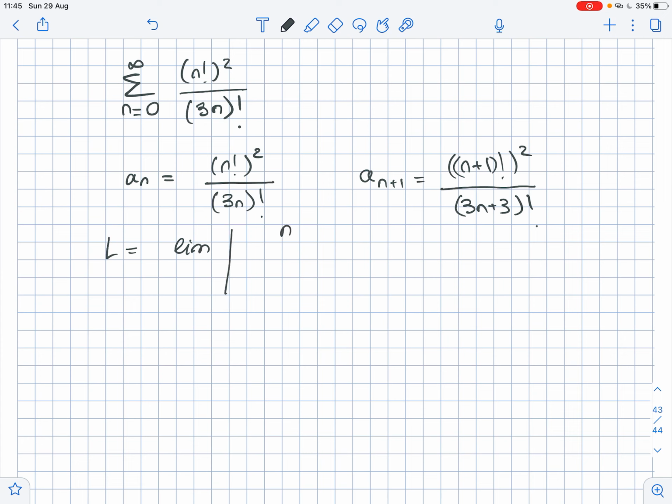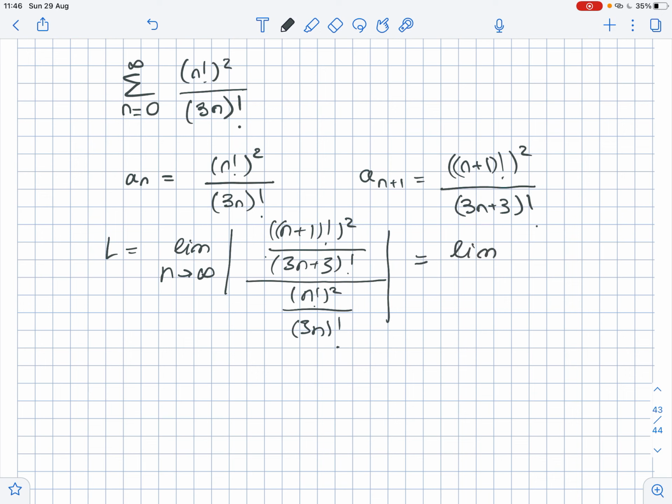Well, so now L equals the limit of the absolute value of ((n+1)!)^2 over (3n+3)!, and this whole thing is divided by (n!)^2 over (3n)!, as n approaches infinity here. Then we get that this equals the limit of the absolute value of, let's try to simplify it.